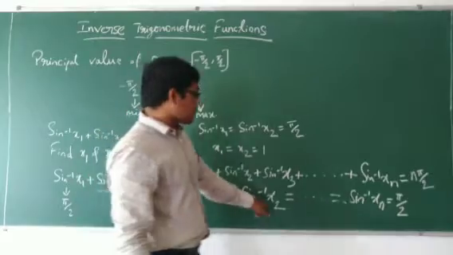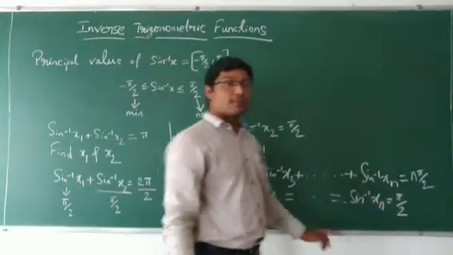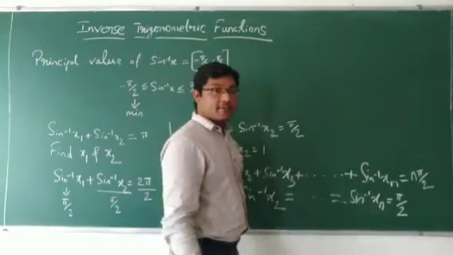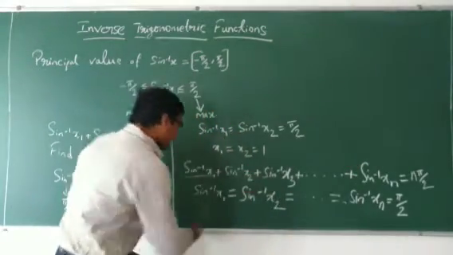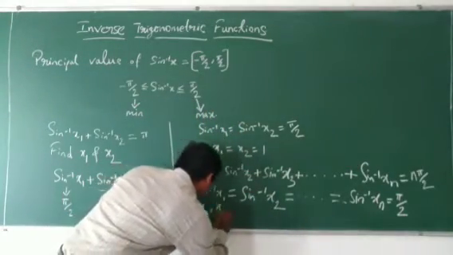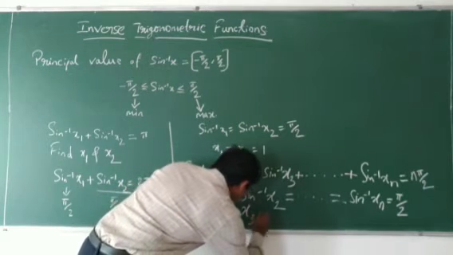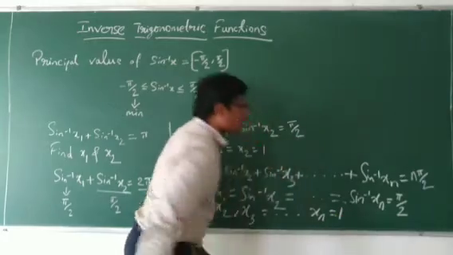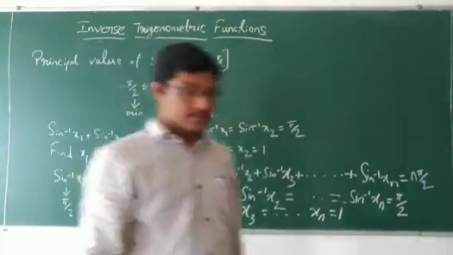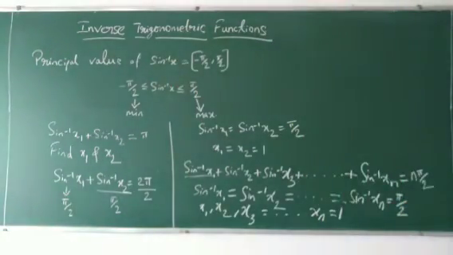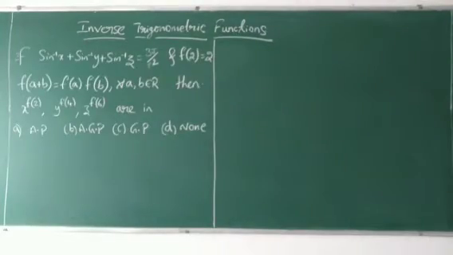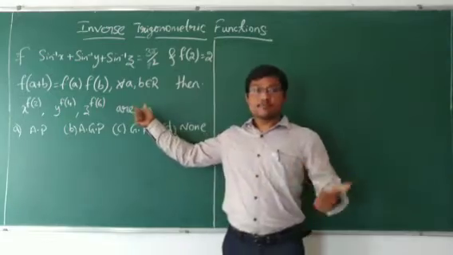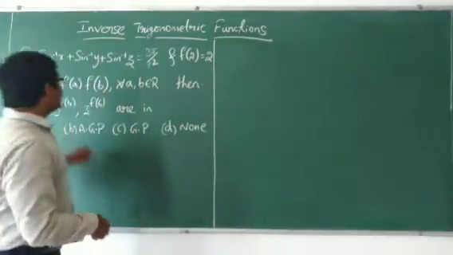Each sin inverse term will be equal to pi by 2. Then when you add all this, you will get n pi by 2. So the values of x1, x2, x3, all these values must be equal to 1.